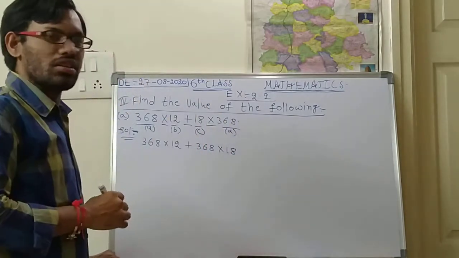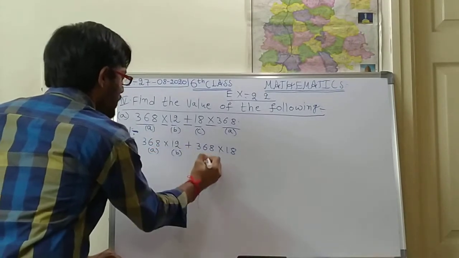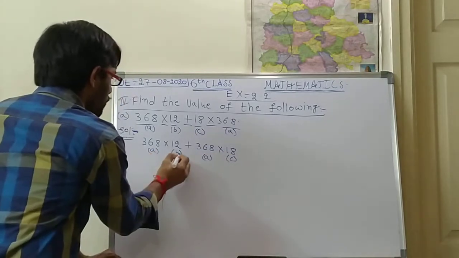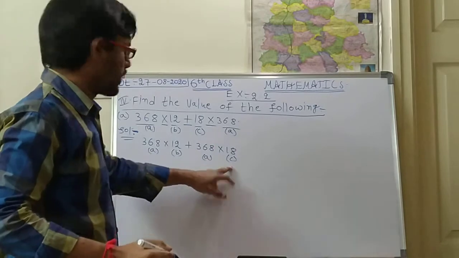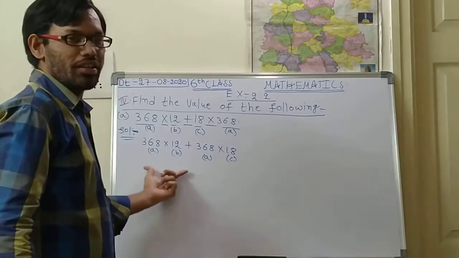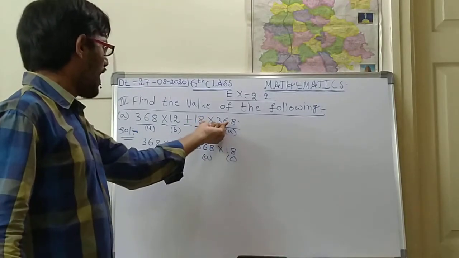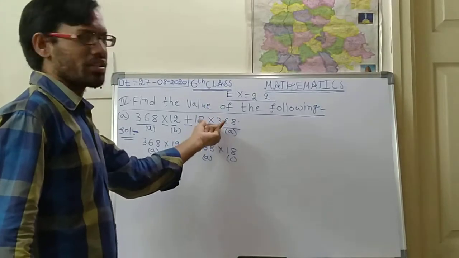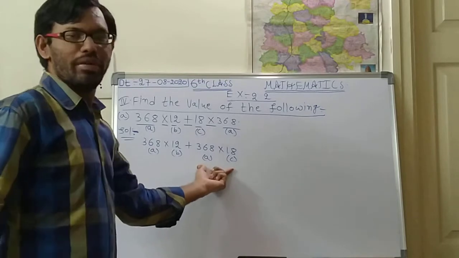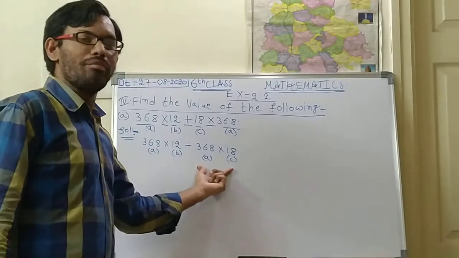Because 368 is A, 12 is B, and 18 is C, it becomes A into B plus A into C. Now it is very easy to estimate the property. In the first step I have interchanged these two numbers: C into A I have written as A into C. There is no problem in interchanging the number positions.